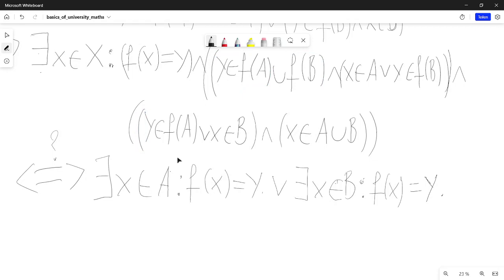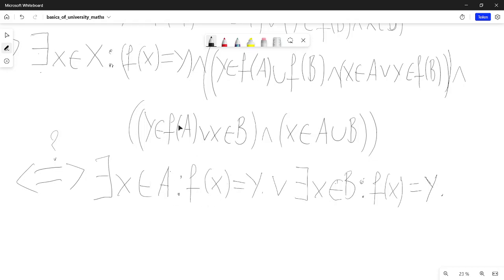Because recall, we just fixed that x and we're looking at this x and trying to establish that this x would satisfy this existence statement, right? Now x element A or y element f of B. Well, x element A is satisfied, so we are fine.